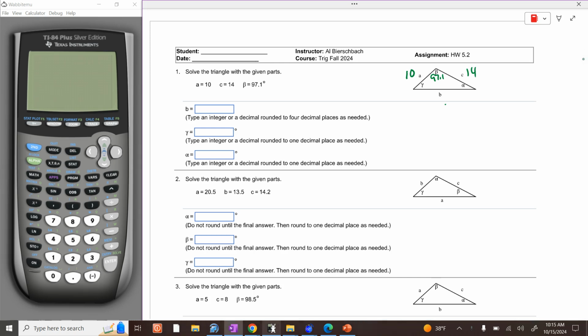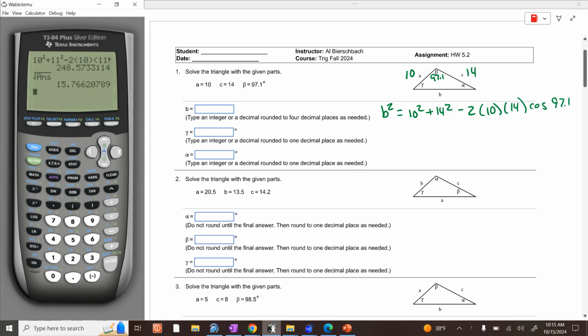Because you know already from the first assignment, b squared equals a squared plus c squared minus 2ac cosine of gamma, or beta in this case. So 10 squared plus 14 squared minus 2 times 10 times 14 cosine of 97.1 equals a big number.